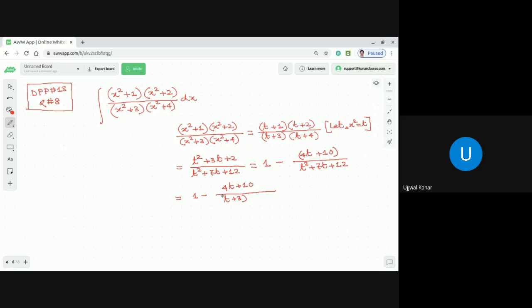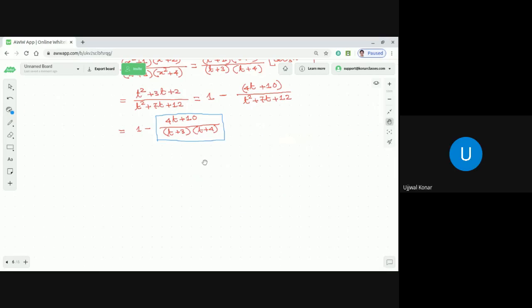So let's focus on this particular part, which you can do using partial fraction. Correct or not?